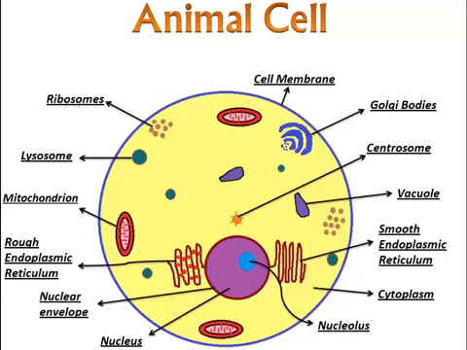Centrosome is an organelle of the cell that serves as the main microtubule organizing center of the animal cell, as well as it is a regulator of cell cycle progression. Centrosomes are associated with the nuclear membrane during prophase of the cell cycle.